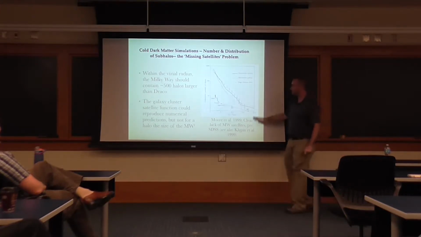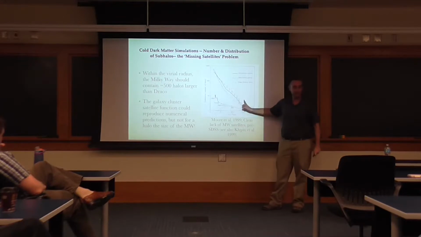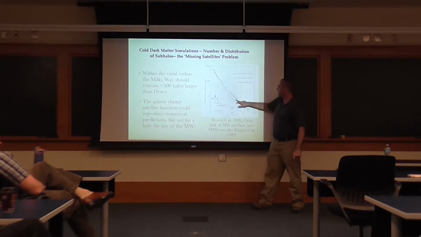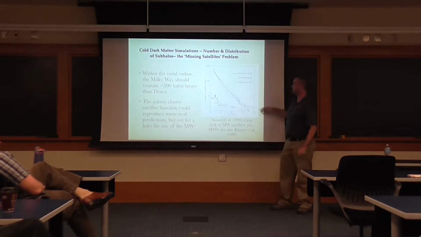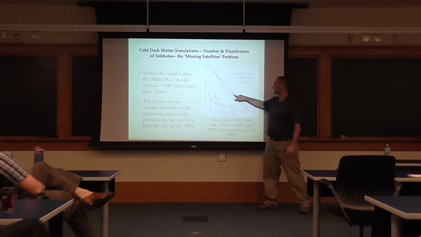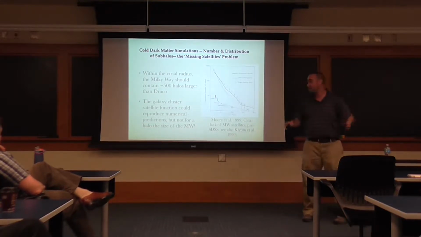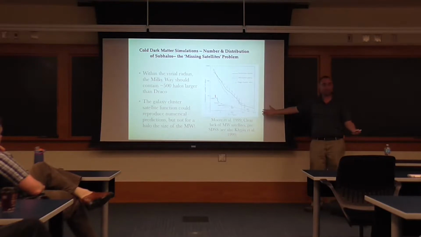Here's a nice plot. This is the cumulative number of subhalos around a given halo, normalized by some global dark matter halo property, velocity. Okay, and this is what you get from simulations. These lines are the cumulative number of subhalos. And if you match that up with, say, the Virgo cluster, these dots here, the Virgo cluster galaxies, it matches the simulations relatively well, but on a much bigger scale.